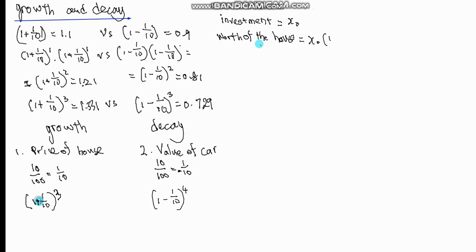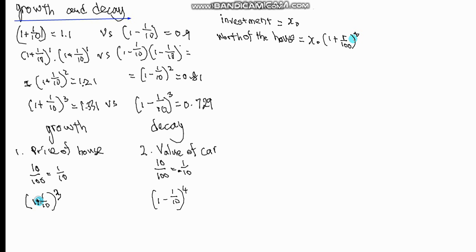If we know that the house will appreciate, then we put a plus. And then the rate of appreciation, normally we use R to represent. If let's say every year increase by 8%, then R becomes 8 over 100. Okay, now, then what is T? T is the number of years.